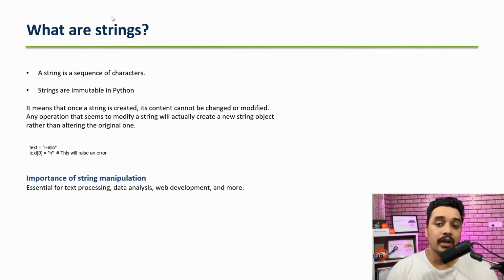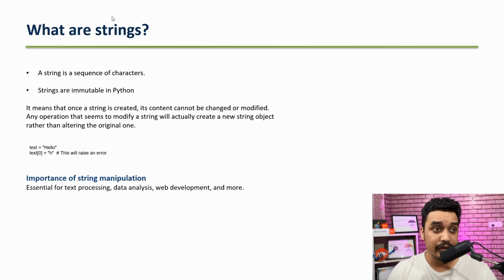One important thing about strings which you should know before I jump to the practical implementation is that strings are immutable, which means that once you have created an object as a string, or a variable of type string in Python, you cannot change its value. That is why it is called that strings are immutable in Python.